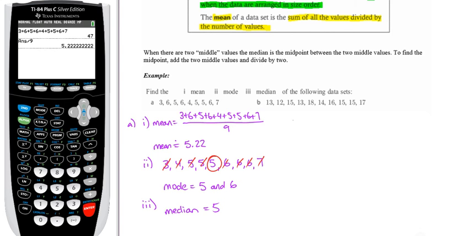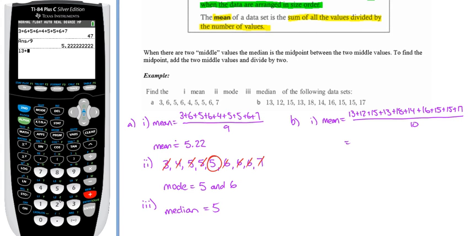So let's do the same thing for set B. The mean, again, is going to be the sum of all the values. 16, 15, 15, 17. 1, 2, 3, 4, 5, 6, 7, 8, 9, 10 values. We're going to have to find that sum first.